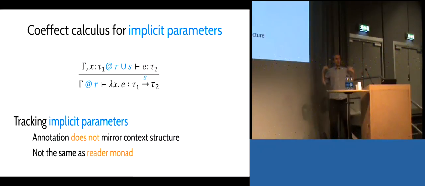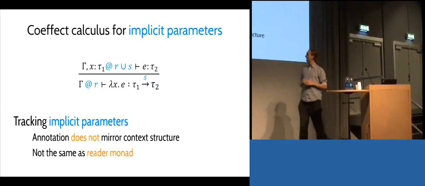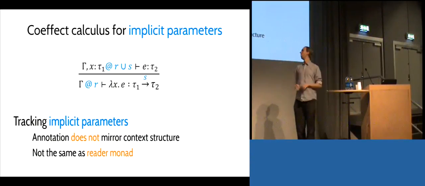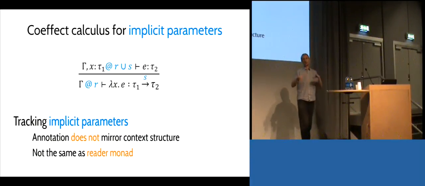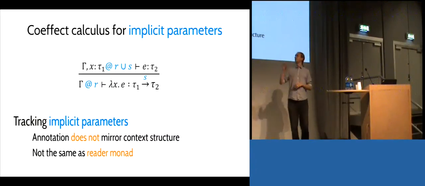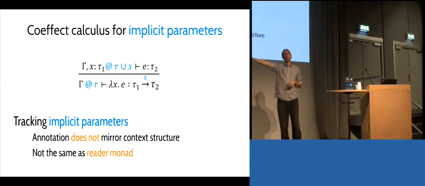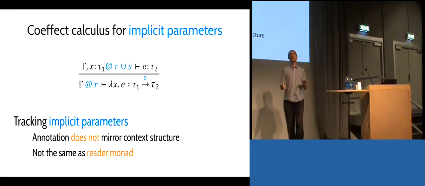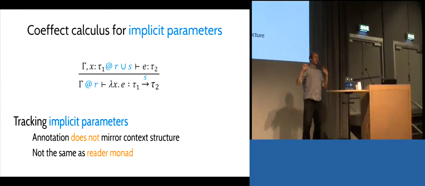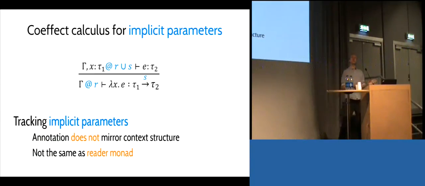So the interesting thing here is that because I'm talking about the environment as a whole, I'm not really mirroring the variable context structure. So here, the annotation R isn't a vector. It's really just a set. And the annotation on the function is also a set. So this is a different variant where I just have the same type of annotations on both.